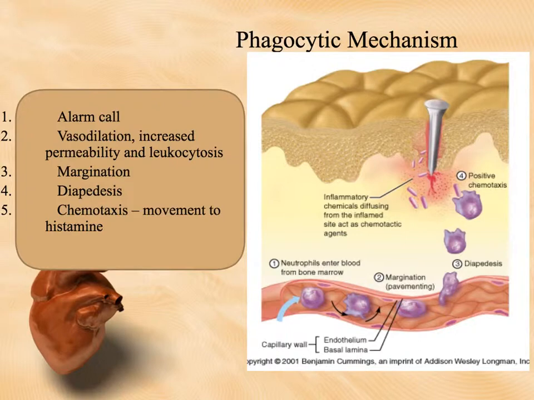Margination basically means that these cells become more spread out and there's more of a gap there. Diapedesis is the movement of the cells across into the cell fluid, the cell tissue, and chemotaxis means movement towards the chemical, particularly this chemical is histamine. Histamine actually draws these bacteria in.